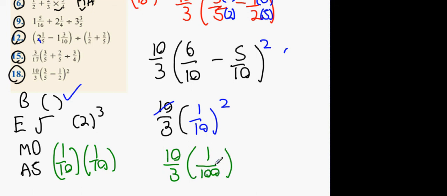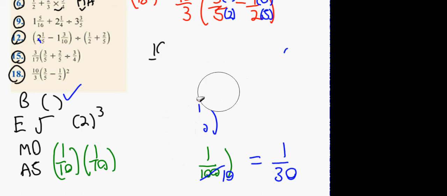Now, what do we do next? What can we do with 10 and 100? Cross them off. 10 will turn into 1, and 100 will turn into 10. We divided the top and bottom by 10. Now, what's the answer? 1 over 30. That's what Harry got there. Well done, Harry.